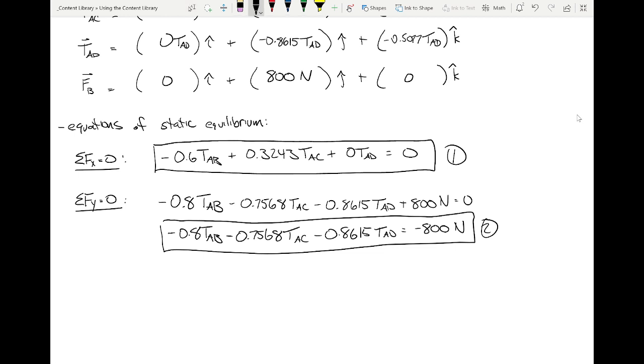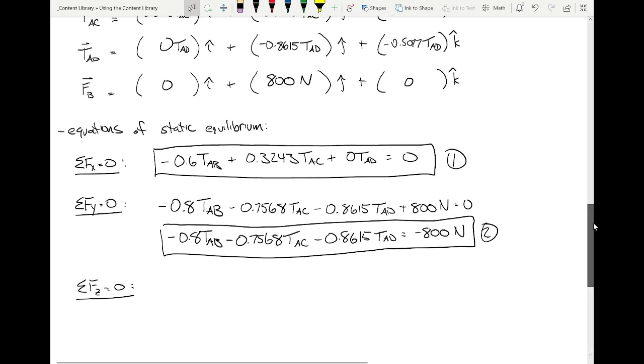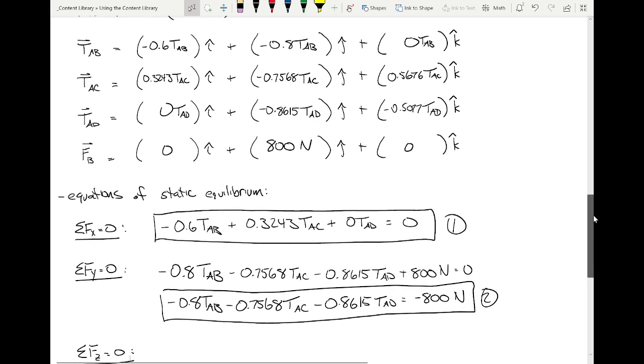All right, now we're going to sum forces in the z direction. I'm going to try and reduce the scrolling to a minimum. Basically all I'm doing is adding that last column of k components. Remember, the reason I'm adding that column is that it holds all of the magnitudes of the k vector, and the k vector is what goes along the z-axis.